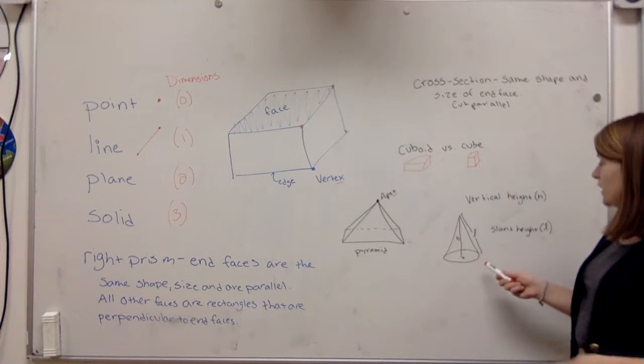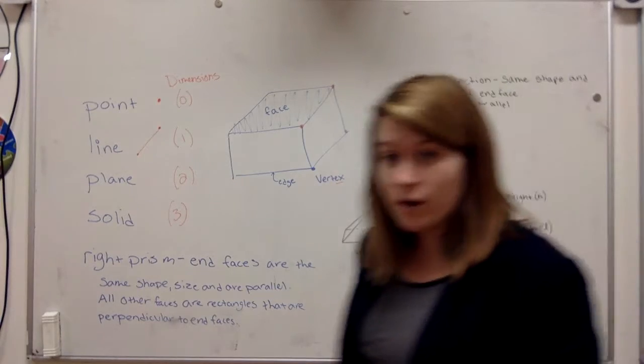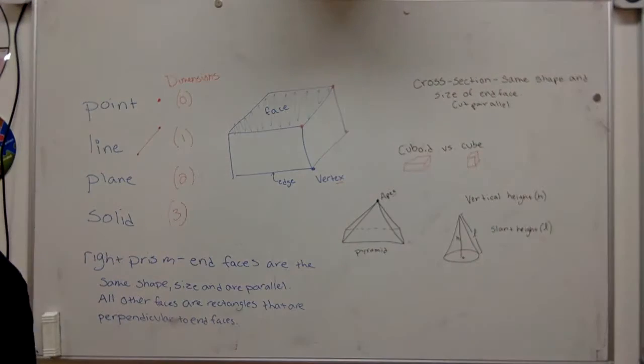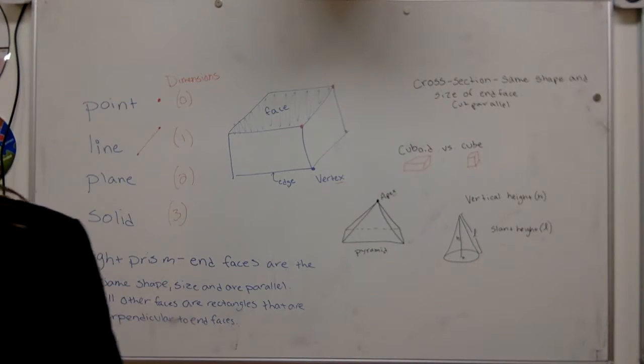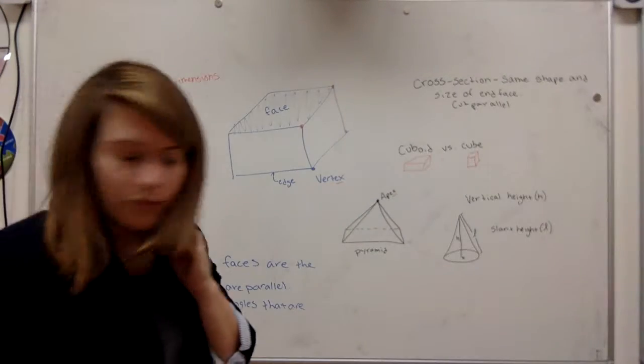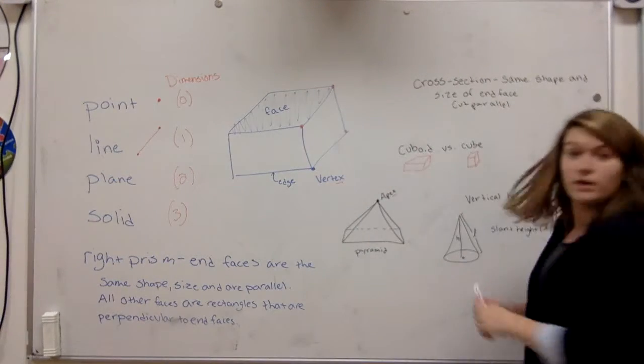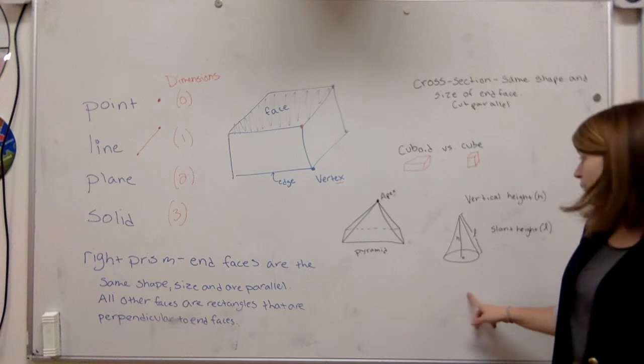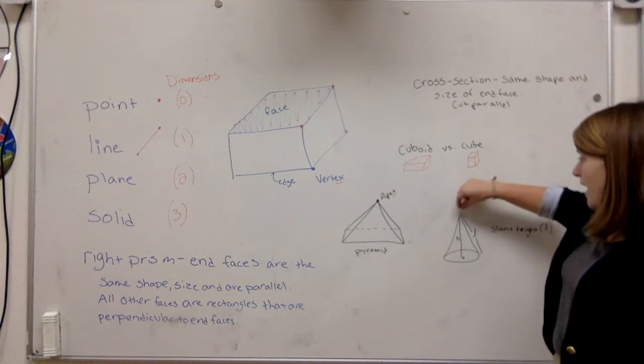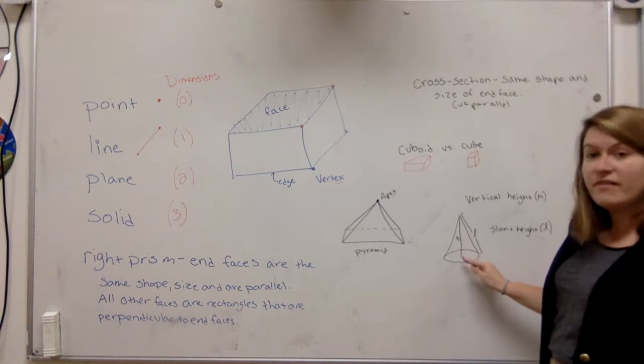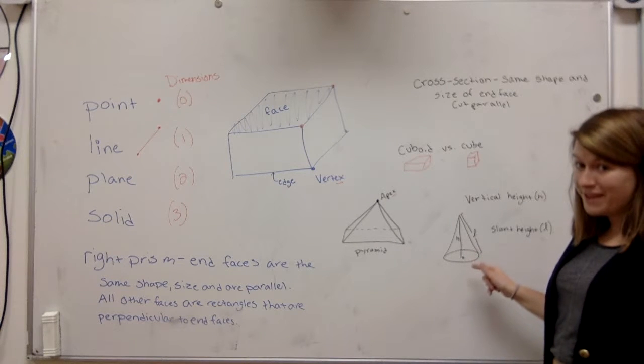And then when we're looking at this type of curved shape, this is a right cone. We have some other stuff about right cones. This is a right cone where the apex is directly above the center of the circle at the base.